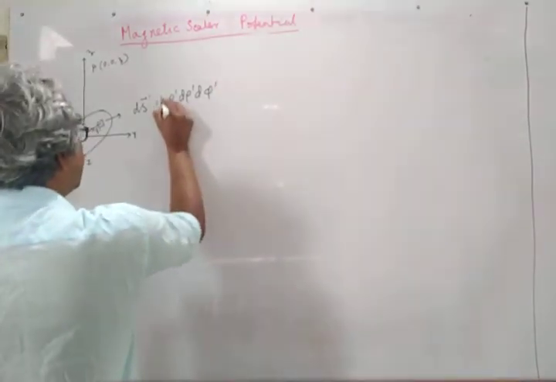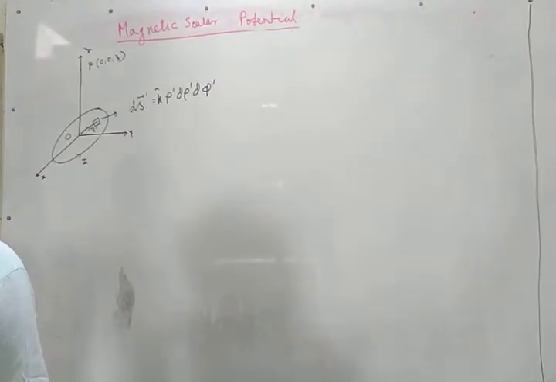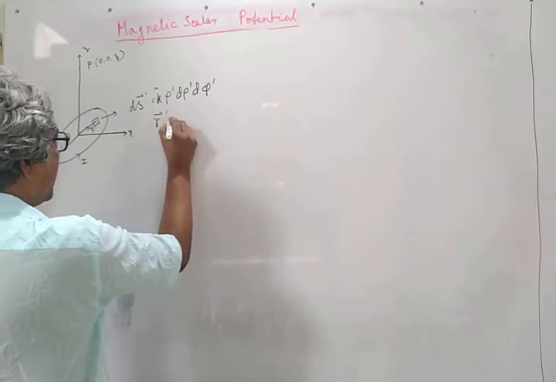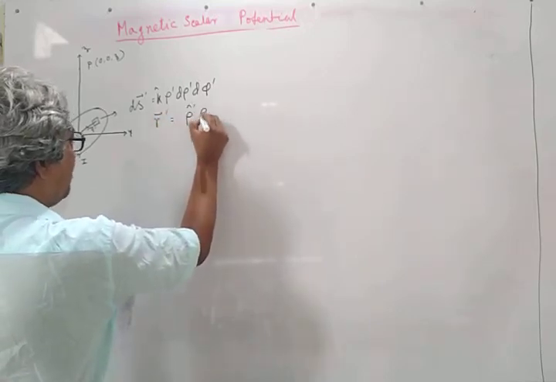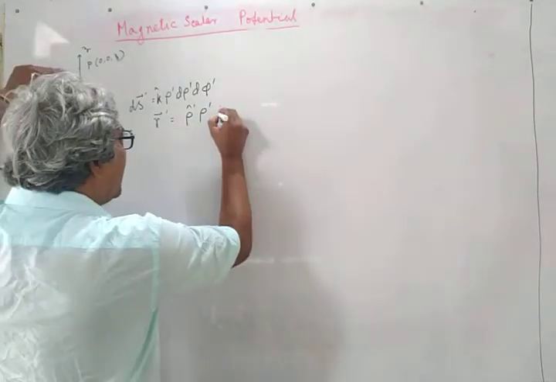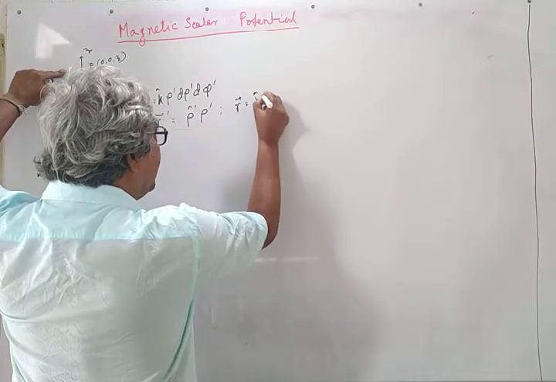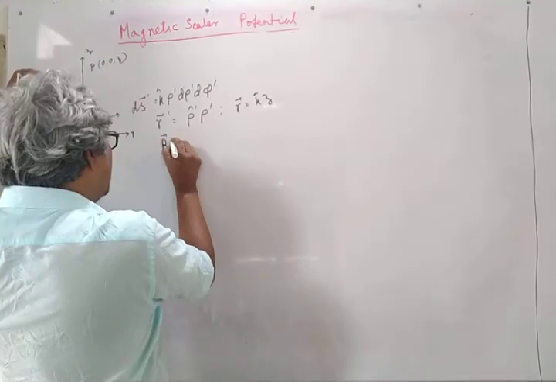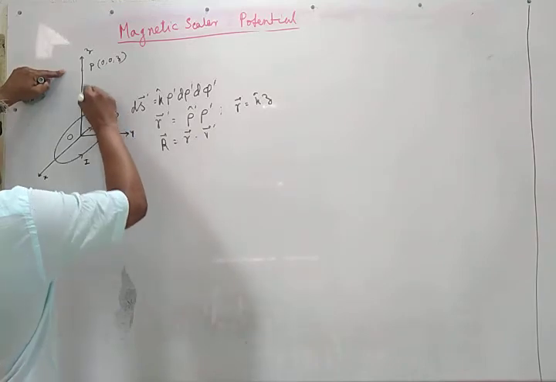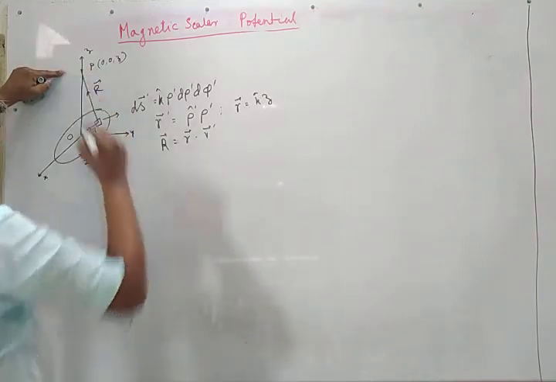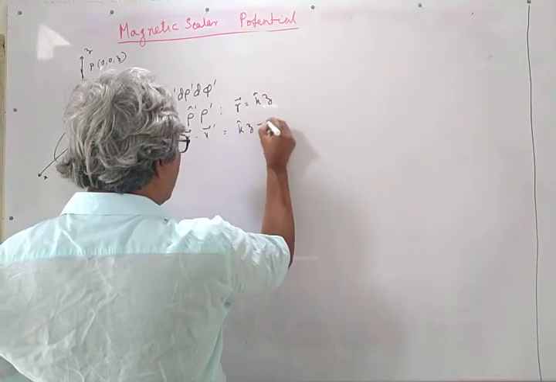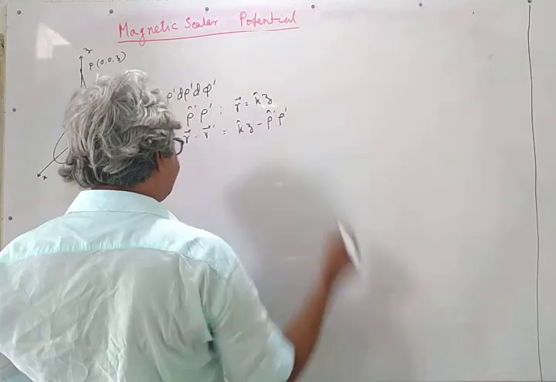So the direction is this, and r prime will be rho prime cap rho prime, where rho prime ranges from 0 to a. The field coordinate r is k cap z, so that the relative coordinate r minus r prime is equal to k cap z minus rho prime cap rho prime.